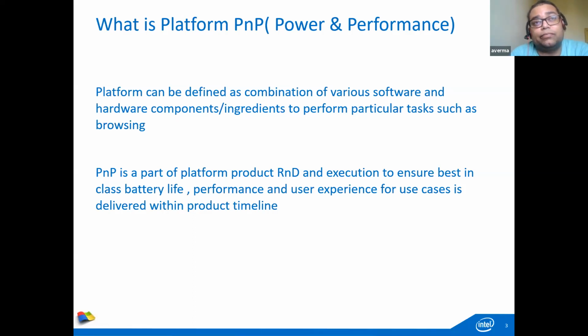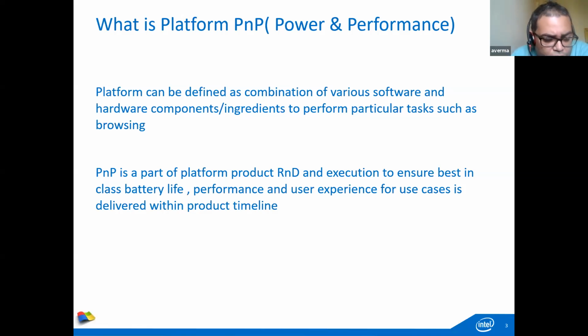If you are doing video conferencing, you need the camera. So basically the platform delivers a particular task, and that requires various components working in an optimal way, and these can be various hardware, software, and firmware components. That's the platform engineering we do.